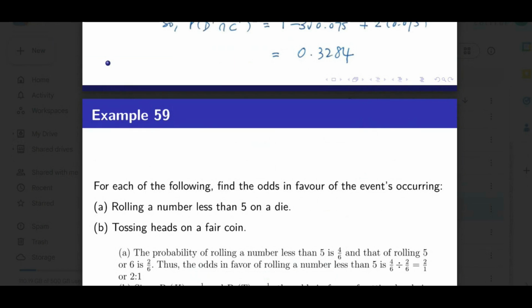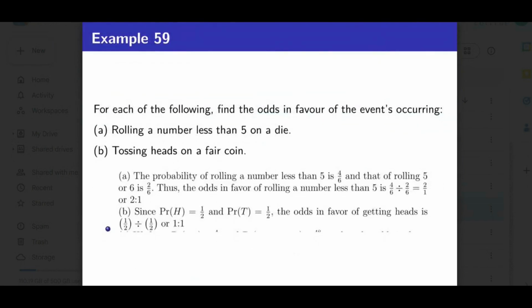So the answer is basically 2/3 divided by 1/3, and so you have 2 to 1. As I think about it more, maybe this is intuitive, but somehow I just don't think so. Okay, tossing heads on a fair coin, that's pretty easy. It's 1 to 1. This is pretty intuitive.